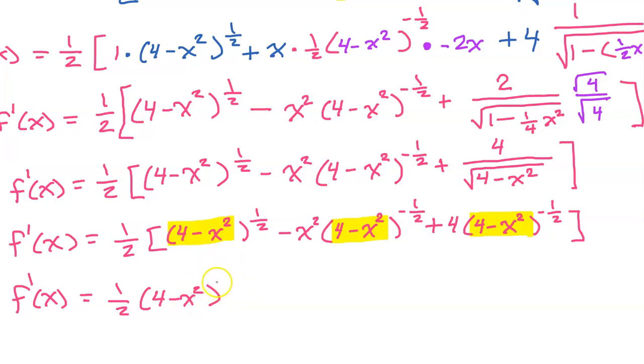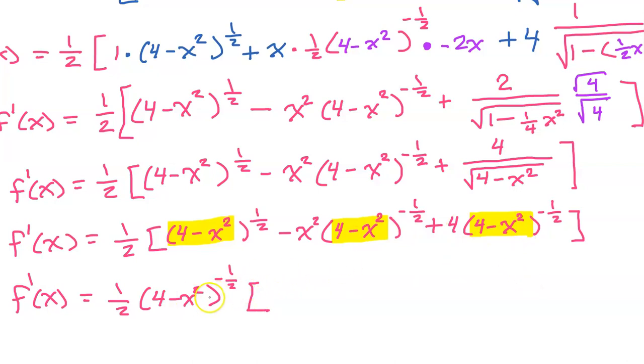I have to decide what exponent I'm going to use for my GCF. And of course, I'm going to go with the lowest exponent. That's what we always do. The lowest power is negative 1/2. So I'm going to bring out a 4 minus x squared to the negative 1/2 power. So when you bring out a GCF, you are really dividing by the GCF, all three terms, and that's how you know what goes on the inside.